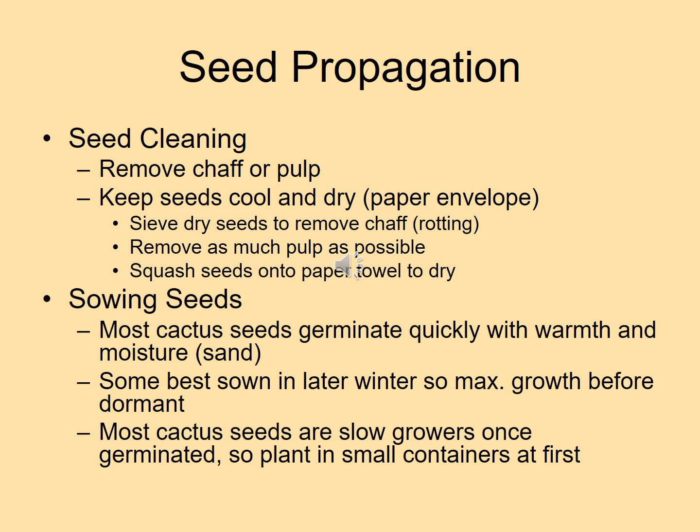Some are best sown later in winter, so you get maximum growth before they go dormant again, if they're from a seasonal type of temperate climate. And they are slow growers, so put them into tiny pots first. You don't need to overpot them with size. That's kind of true for most plants, whether they're from cuttings or from seeds: you want the pot to be in scale with the plant.